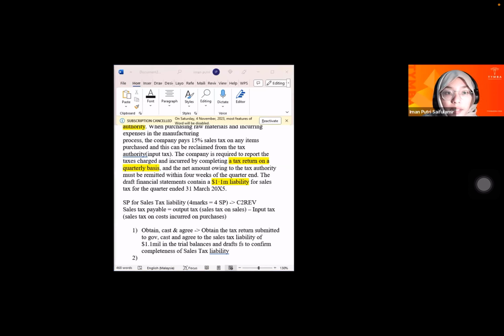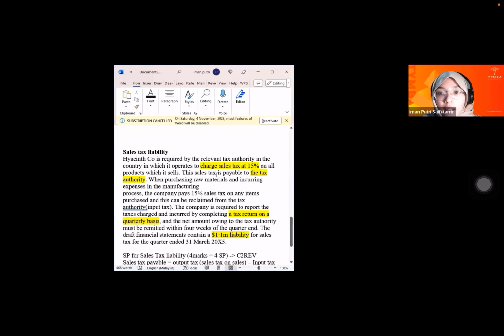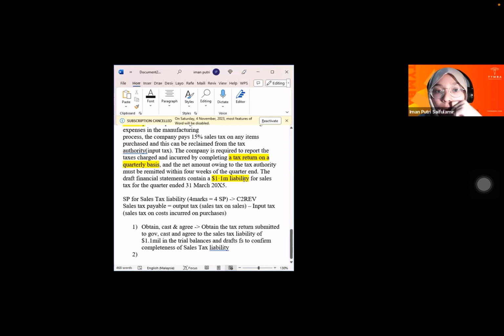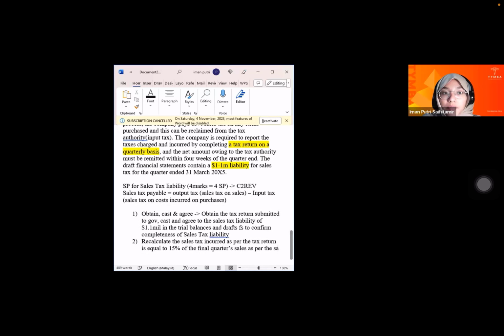All right. Next is basically on the calculation. They have clearly stated that this sales tax is charged at 15% on the product which it sells. So we are just going to explain how we are going to recalculate this. We want to recalculate the sales tax charged as per the tax return, equal to 15% of the final quarter's sales as per the sales day book.